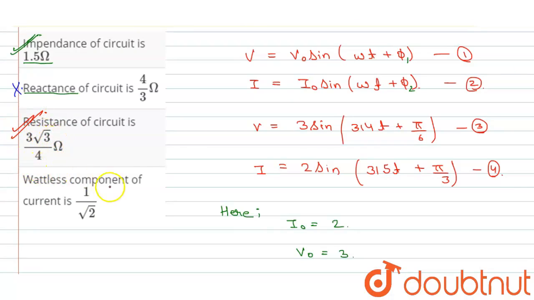Now option 4th: the wattless component of current is 1 by root 2.